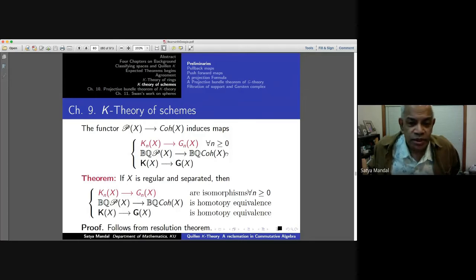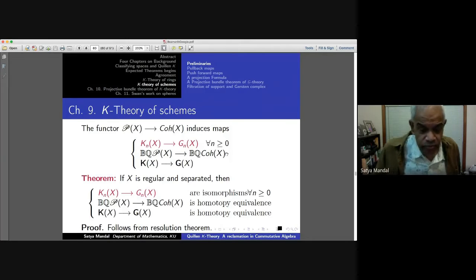First and foremost, I have an inclusion functor from the category of locally free sheaves to the category of coherent sheaves. This is an exact functor, so it's not a surprise that it will induce maps from K groups to G groups, and likewise from the K-theory space to the G-theory space.